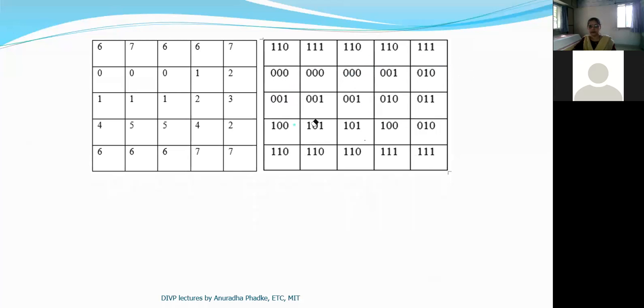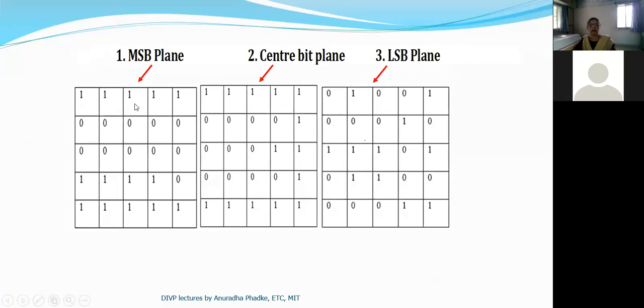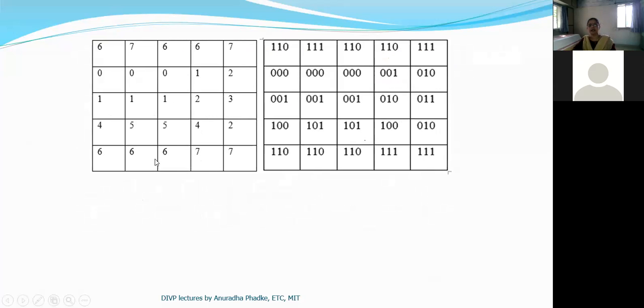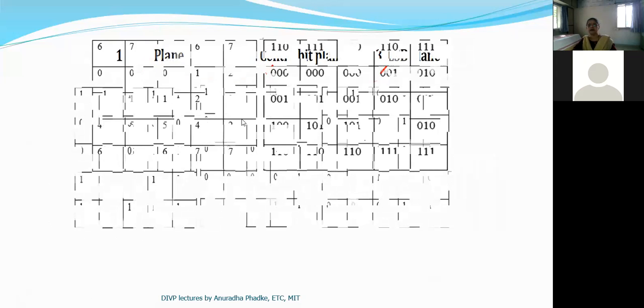Let me erase these things. So when we collect most significant bits, we get the MSB plane, which is of the same size as your original image. In your original image, there are 5 rows and 5 columns. So in total there are 25 pixels. So we get the most significant bit plane of the same size, that is 5 by 5, by collecting most significant bits from this data.